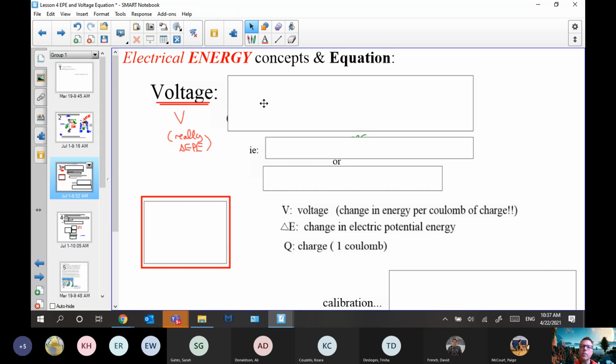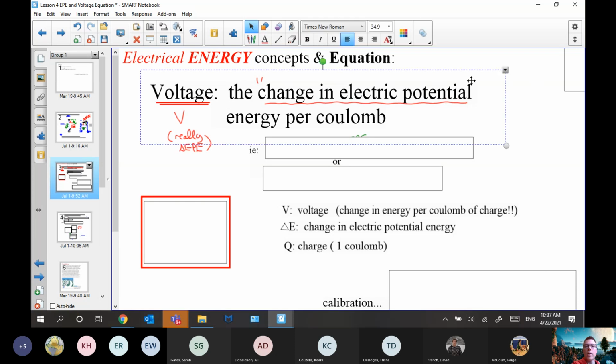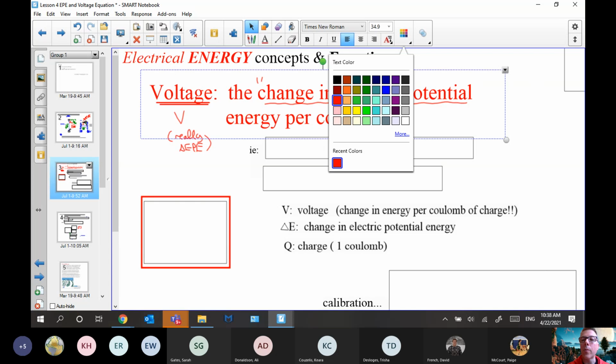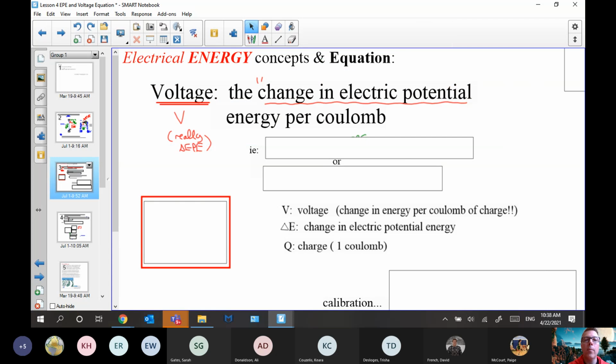We've already done it, so we know the concept, right? We know voltage is the electric potential energy per coulomb. I've got it sort of set there as the change in electric potential energy per coulomb, but it's the energy per coulomb that it has. Let's grab a pen first. There we go. I'm just going to finish my quotes, it just looks better.